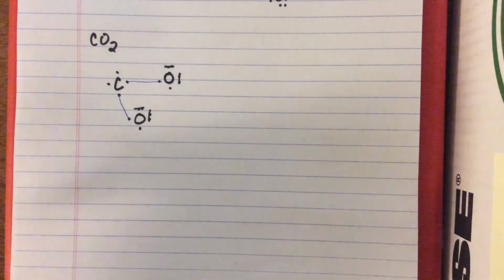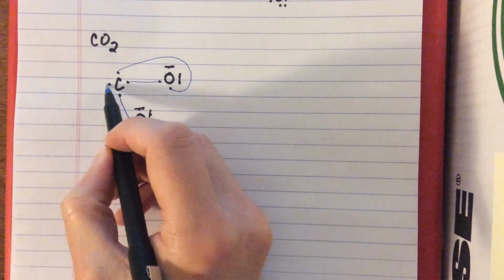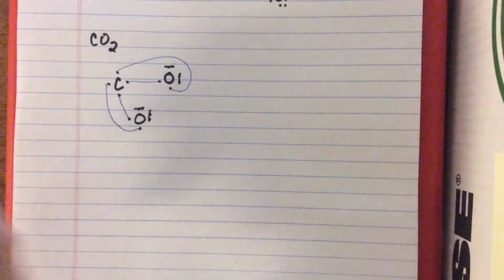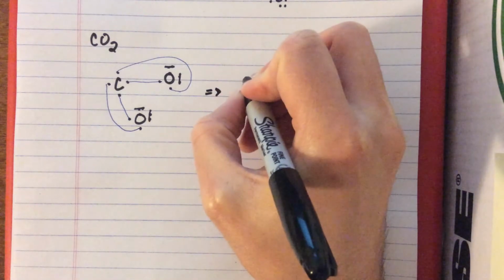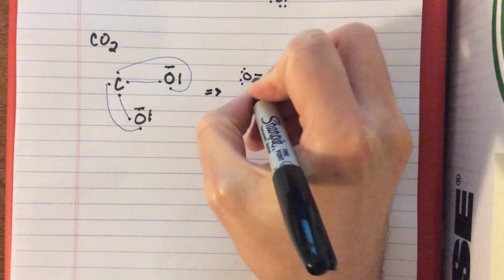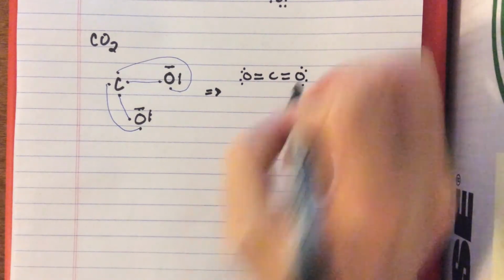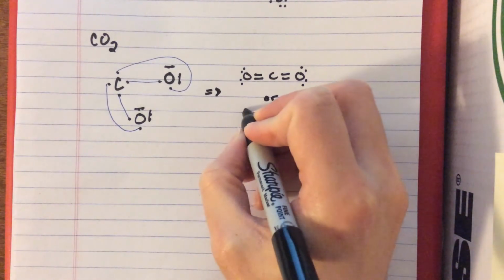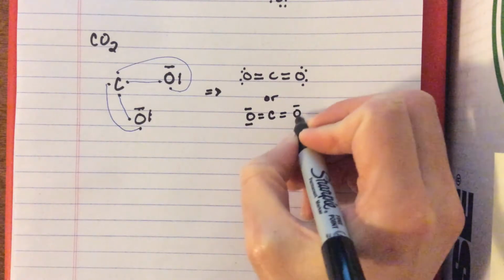So in order to help carbon reach its 8, it is also going to share a second pair with each of the oxygen atoms. So our final draft of this might look something like that, or that.